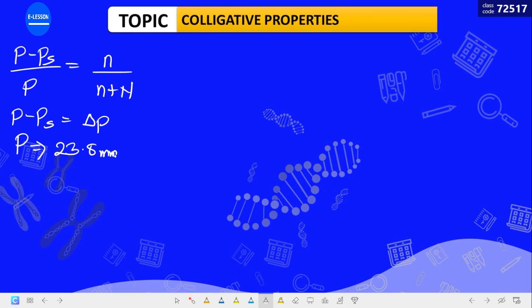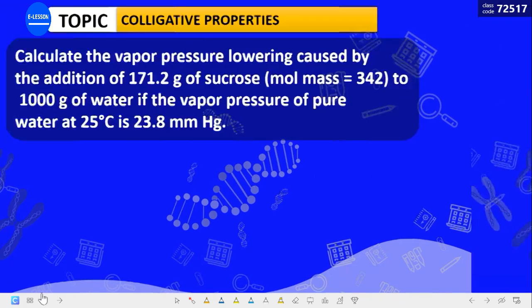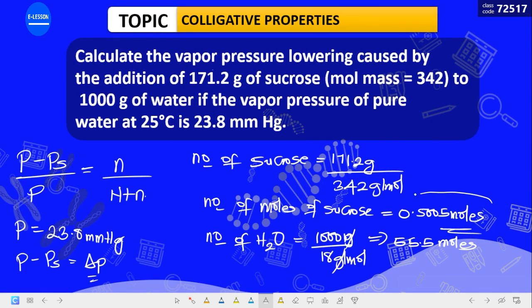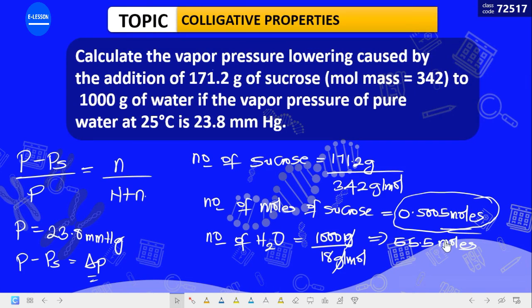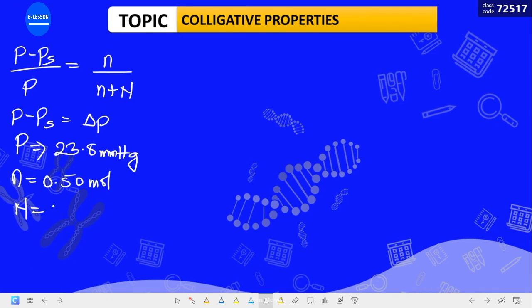Now, the number of moles of the solute is sucrose. So we are going to use the number of moles of what? Sucrose here, which is 0.5005, approximately 0.50 mole. Now, number of moles of the solvent. The solvent is water, which is 55.5 mole. So we have our capital letter N as 55.5 mole.